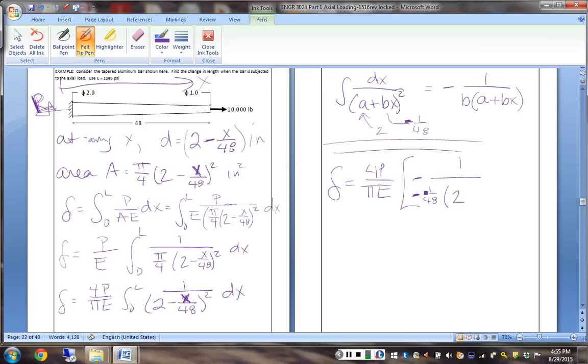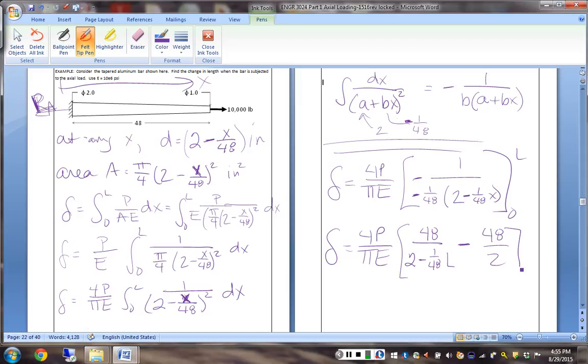So we need an extra minus there and a minus here. And that is evaluated from 0 to L. 4P over pi times the modulus, and doing a bit of rearranging, 48 over 2 minus 1 over 48 times L minus 48 over 2.